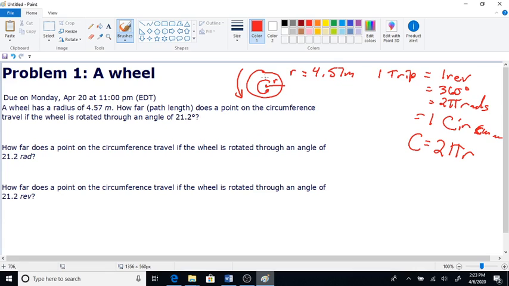Well, that's not a full trip around, right? What fraction of the entire wheel did we go around? 21.2 over 360. That is the percentage of the entire revolution that we went.